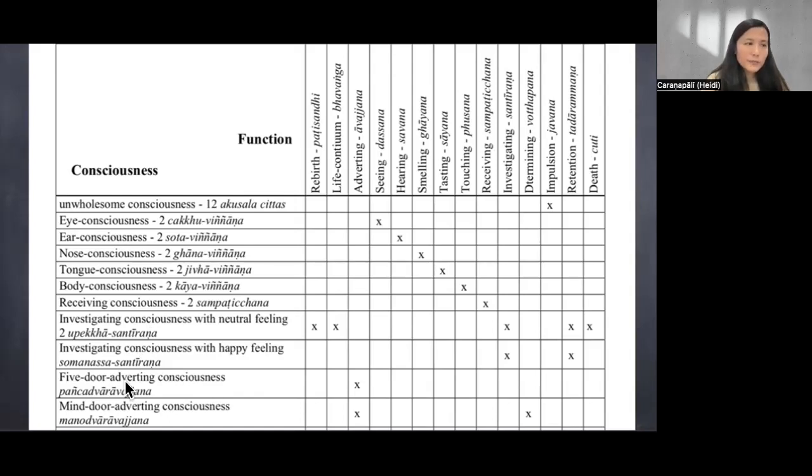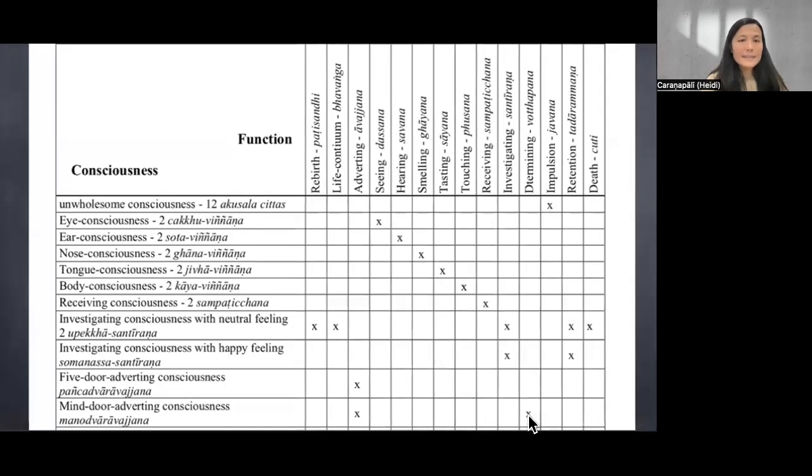Okay, 5-door averting only performs the averting function, but mind-door averting, as we have already studied before, performs the mind-door averting as well as the determining function during the 5-door mental process. Remember, the same type of consciousness.